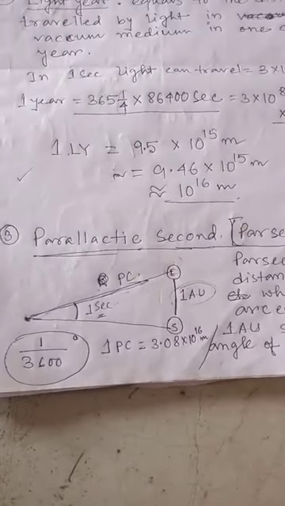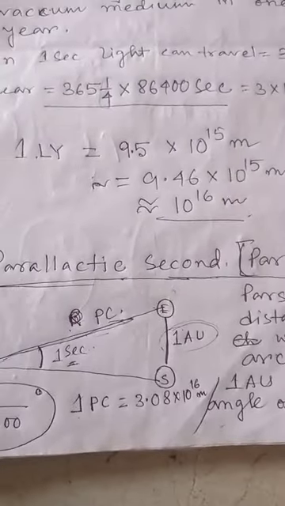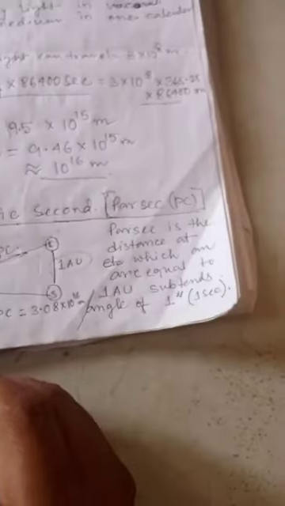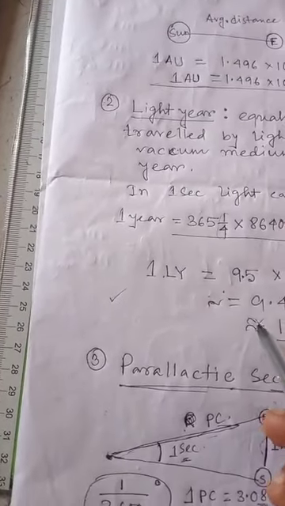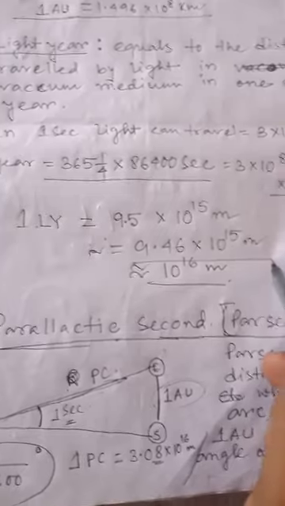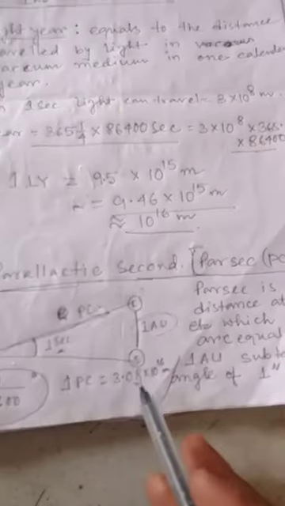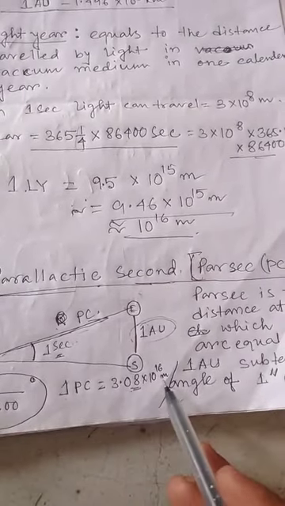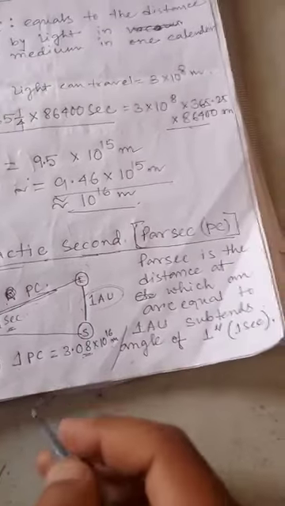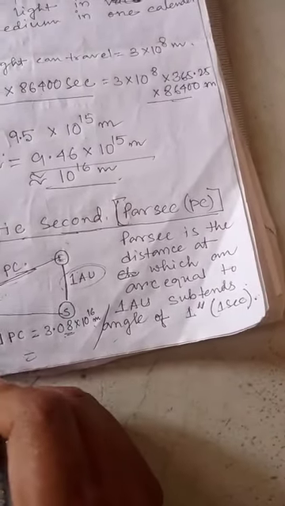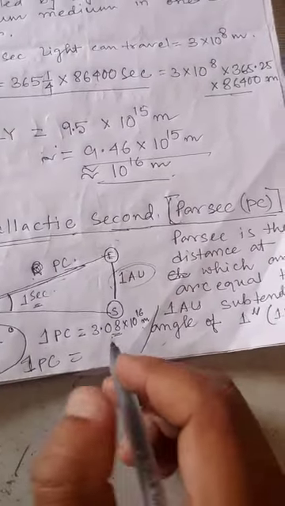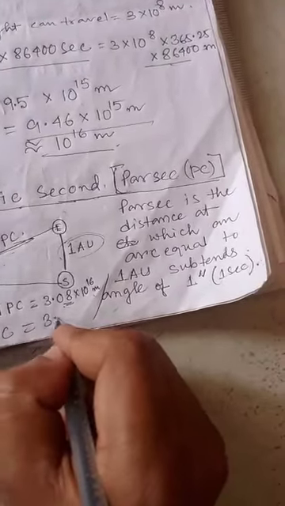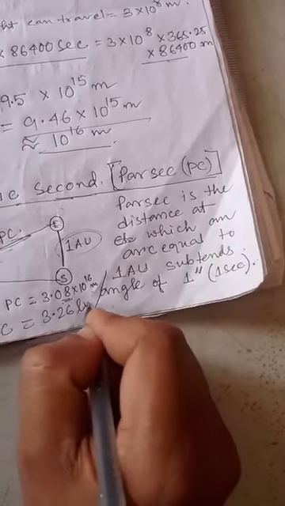Because this value is greater than the light year also, which is near about 4.6 into 10 to the power 15 meter, if we convert it into light years, then 1 parsec is equal to 3.26 light year.